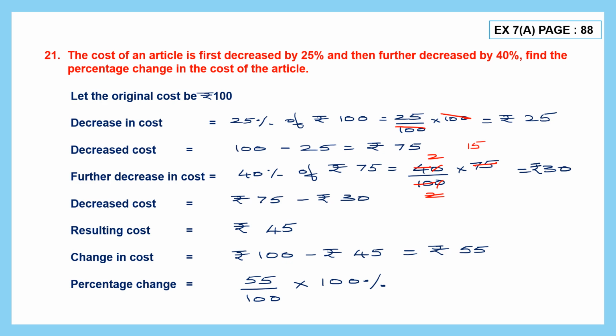Here this and this will get cancelled, and what we have now is 55%, which is the final percentage change. So this is our answer. Here what do we see? The cost has decreased by 55%.